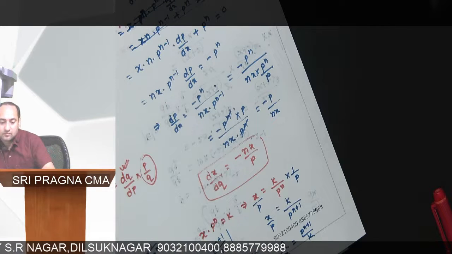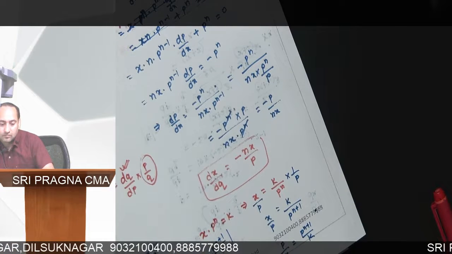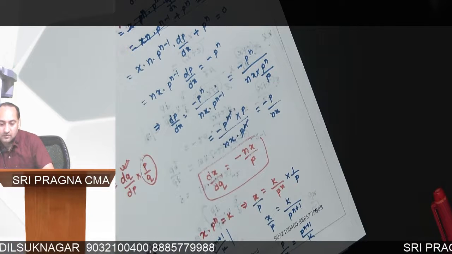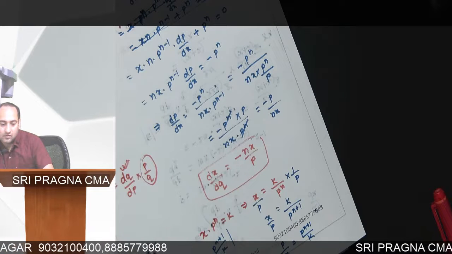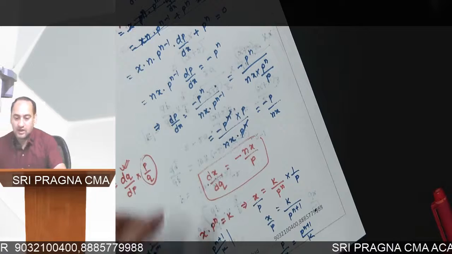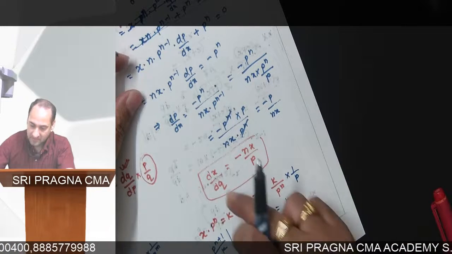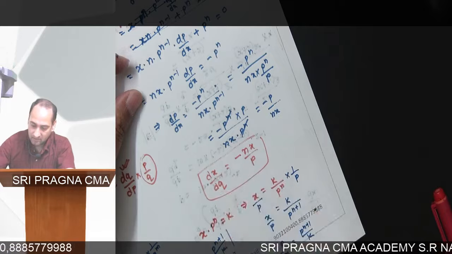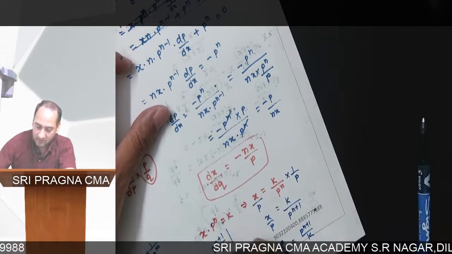Which one? This one? एक मिनट. Okay, I have written it wrong here. ऊपर वाला data I have taken ना. We have to take dx by dp. Okay, wait, I need to correct it. I have taken it wrong here ना.